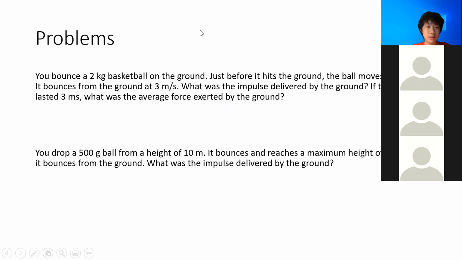All right. We have these two problems here going further into what impulse is. So take about 4 minutes to do these two problems.